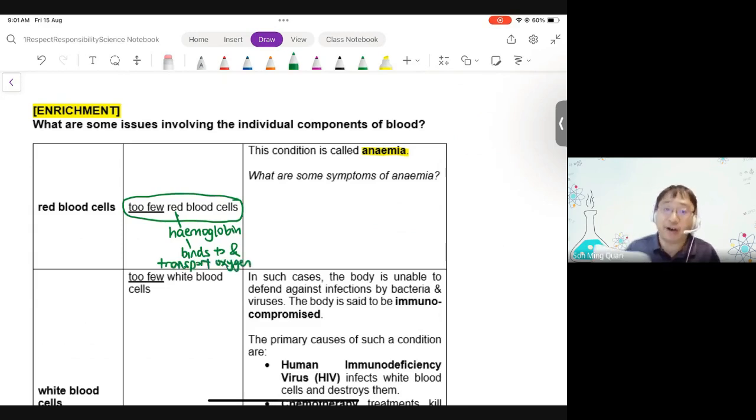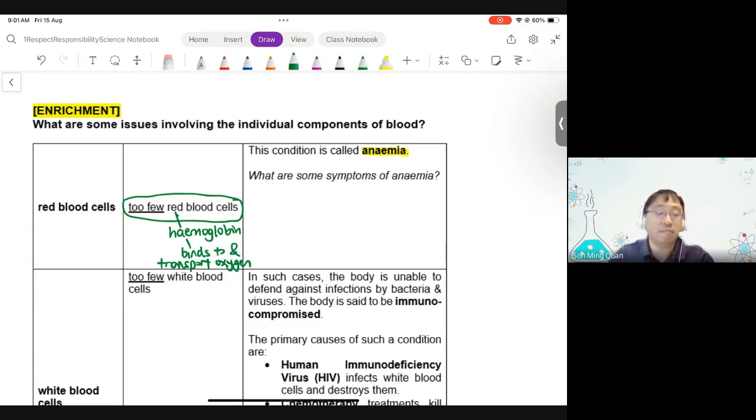So that is the function of red blood cells, to contain a red pigment called hemoglobin that binds to and transports oxygen around the body. So now you have too few red blood cells means you cannot bind to and transport oxygen as efficiently as before. You transport less oxygen than before.